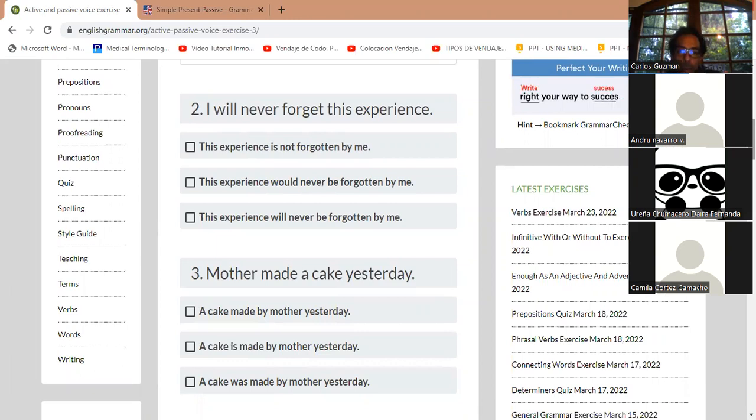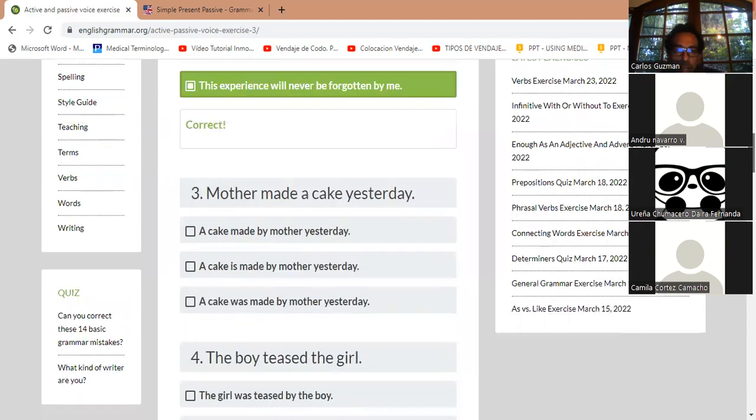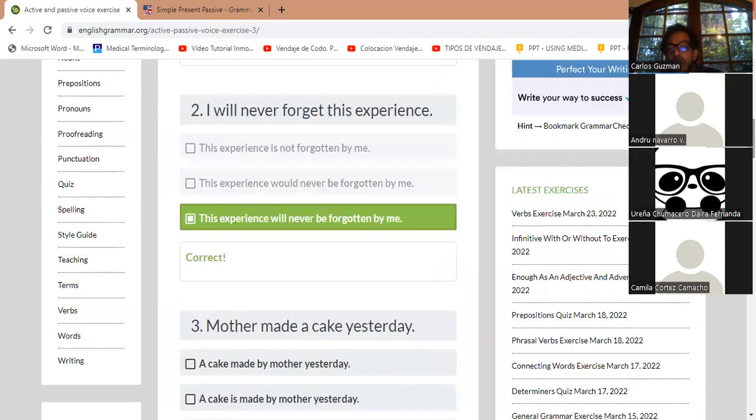Okay. I will never forget this experience. This experience will never be forgotten by me. Very good, right? So it's maintaining the tense, right? So it can make sense. So I will never forget this experience. So that's active. Why? Because I am the subject. I'm doing the action.